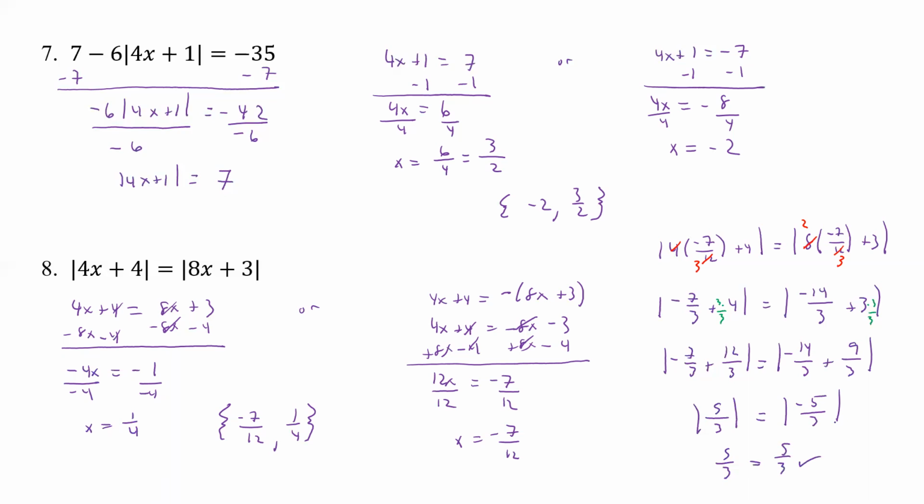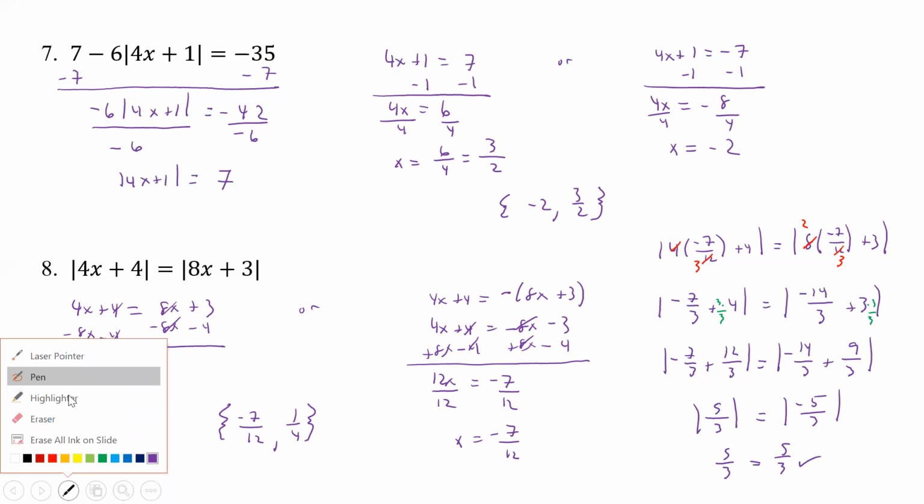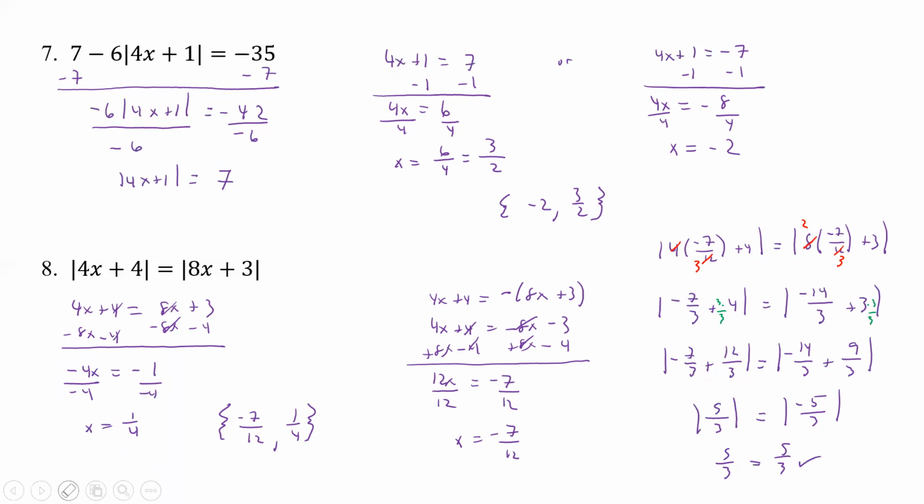So that checks out. Now I've run out of room for the other one, but let's see if we can squeeze it in here. Let's maybe get rid of our or. And so we're going to have, well, let's put it maybe here, 4 times 1/4 absolute value plus 4, and then equals absolute value of 8 times 1/4 plus 3.